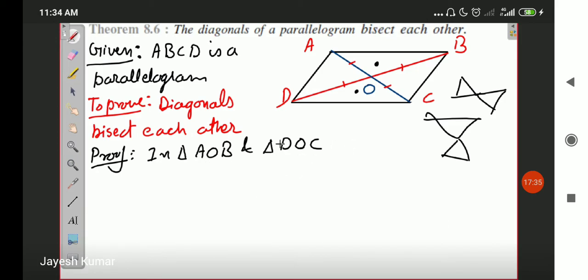Okay, in these two triangles, first of all, since AB is parallel to DC, alternate interior angles are equal.